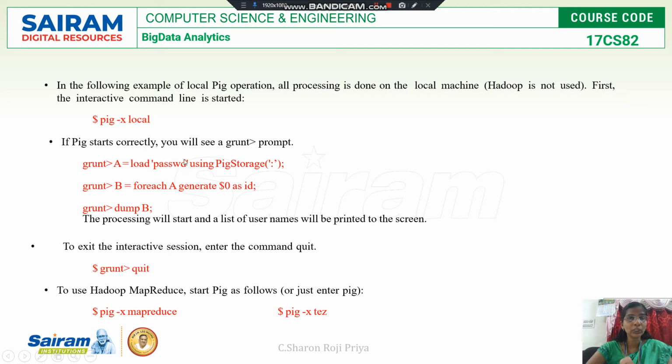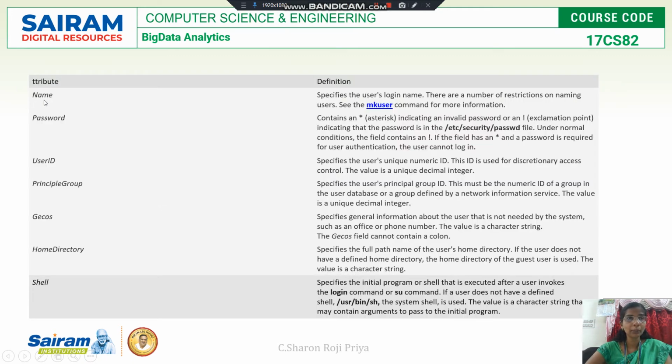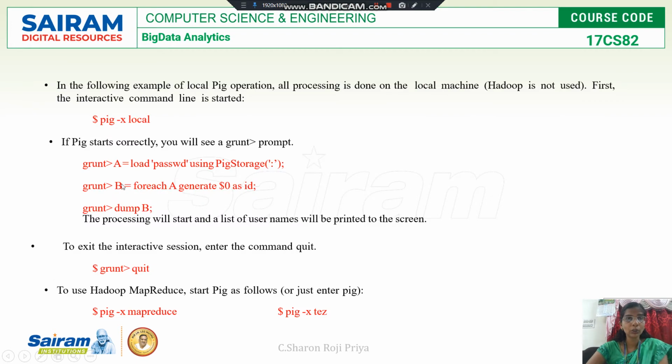After that, you can load the password file into your Pig storage and then extract. According to the question, you have to extract the username from the password file. Username is the first attribute, so here: foreach A generate $0. Since we are extracting the username and it is the first attribute, it is $0.